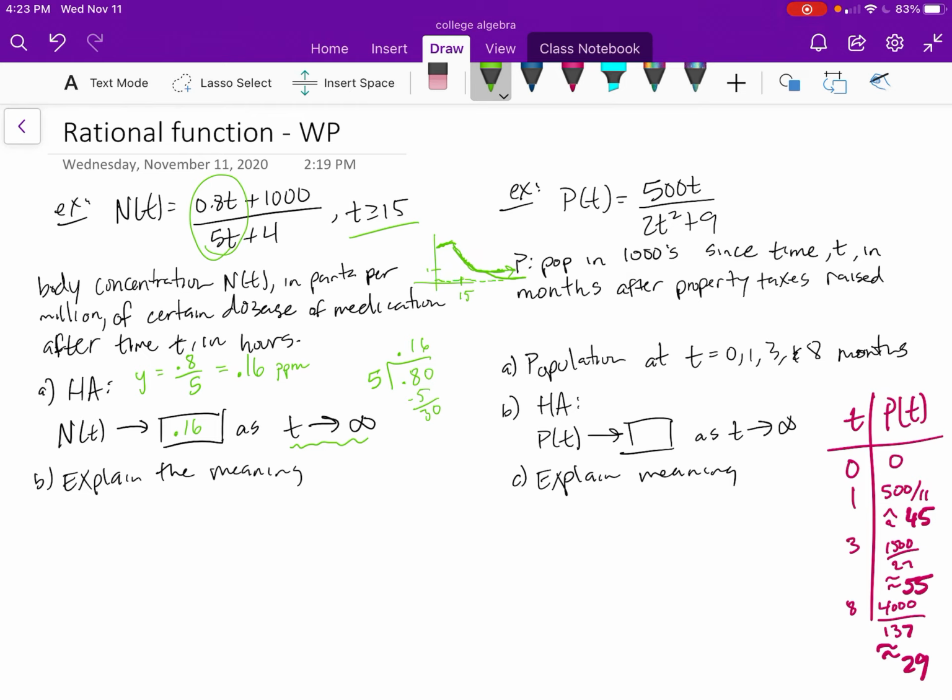What does that mean? It means there will always be a trace of this dosage in your system. It never fully exits, according to this model. Whether it's true or not, I don't know. But according to this model, you'll always have a trace, right? A slight, 0.16 parts per million is nothing, but still something in your system.